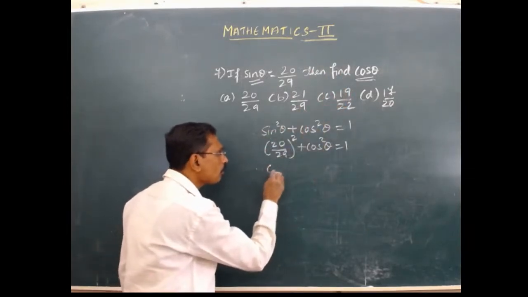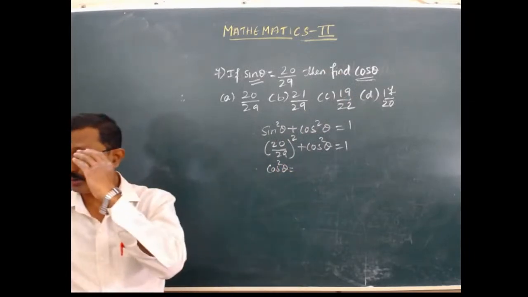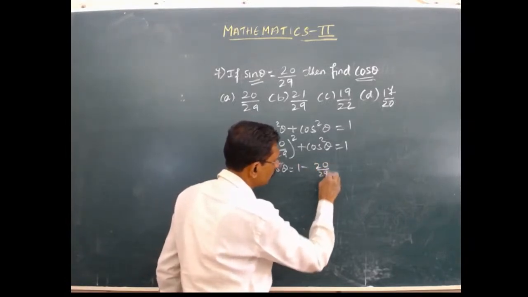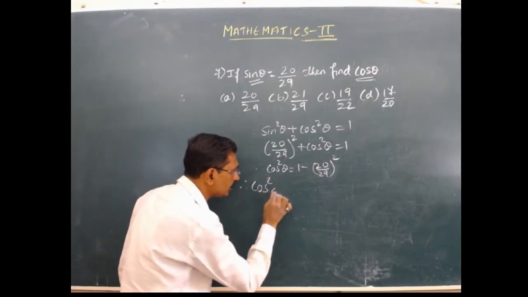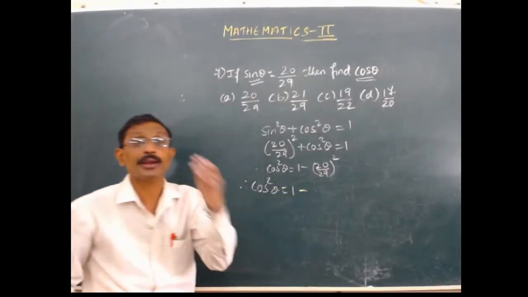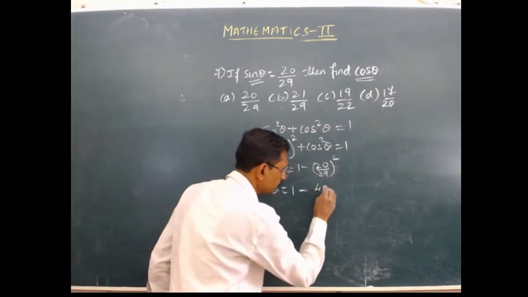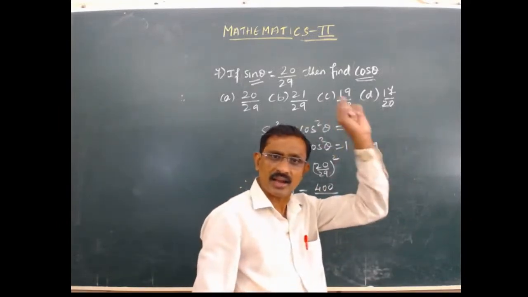Correct. Therefore, cos square theta is equal to 1 minus 20 upon 29 square. Now 20 into 20, as I just told, is 400. 29 into 29, if you don't know, 9 nines are 81.